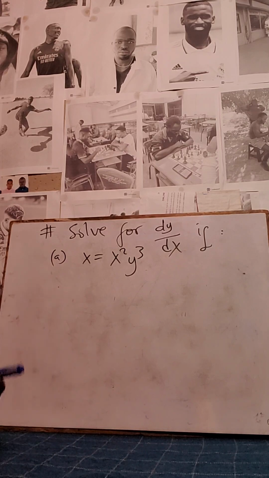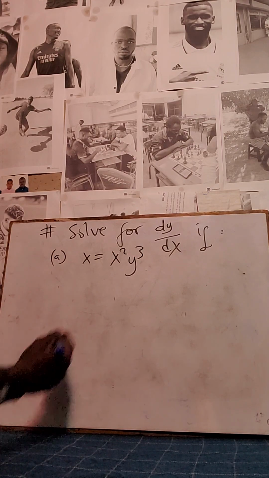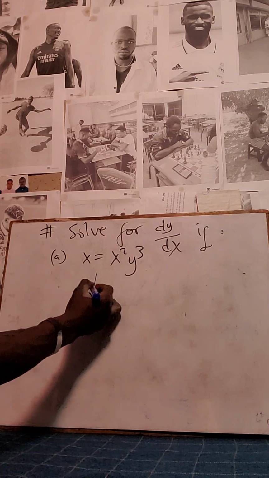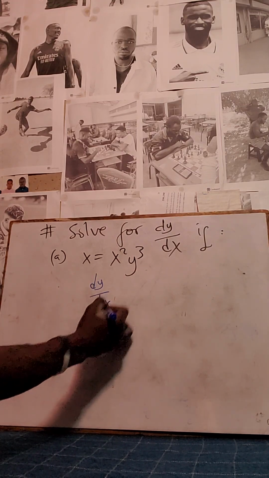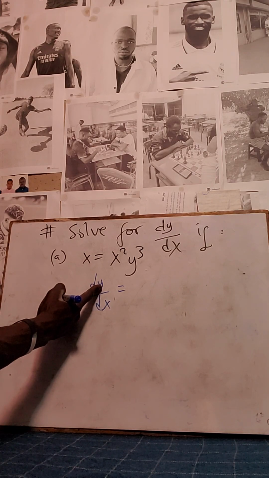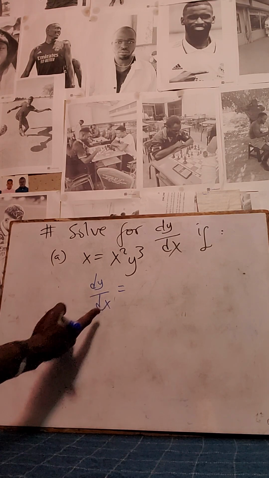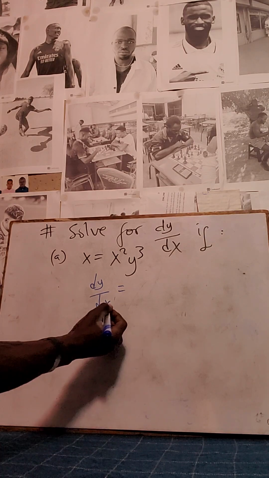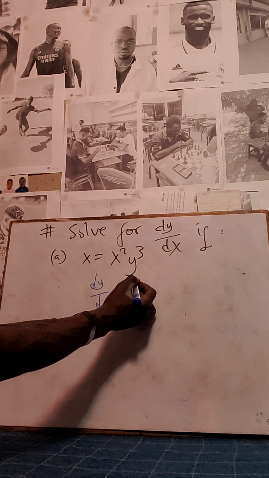For the question given, the first step that you may take is to write the formula. You are finding dy/dx, so you say dy/dx equals, and in the formula y is on top and x is down, so their corresponding differentiations are going to be crosswise.